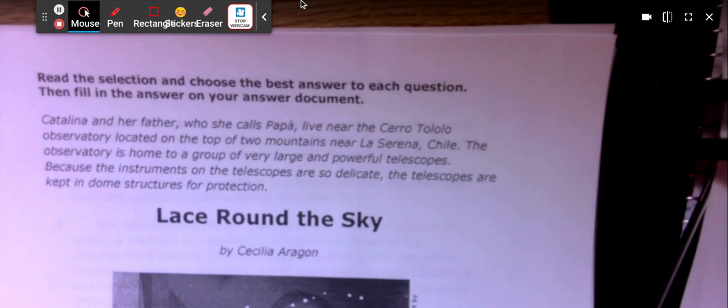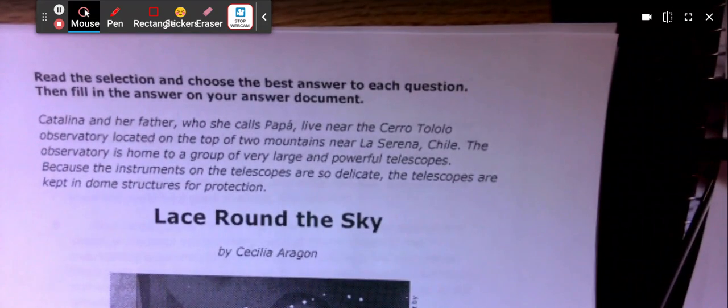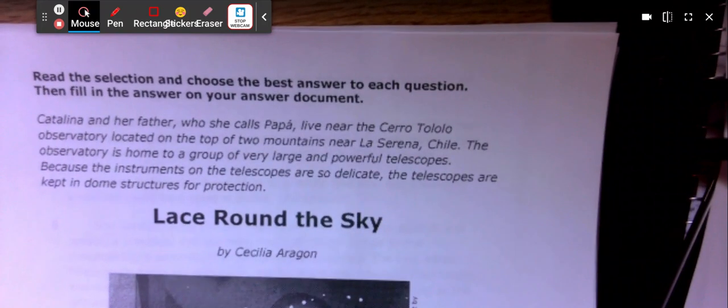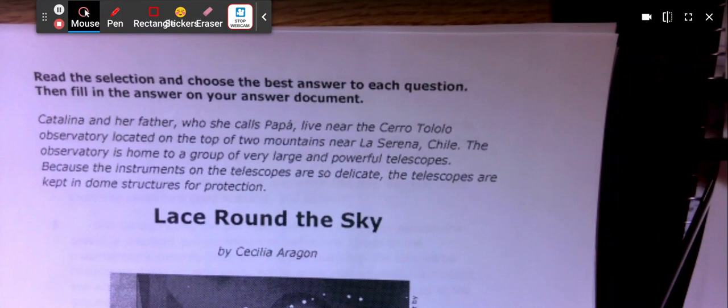Okay, we're going to work on this reading passage together over the next week or so. And so I just want to take some time to talk to you a little bit about this reading passage. It's called Lace Round the Sky. And as we go through and make inferences, I'm going to write notes out to the side. You are not going to have this piece of paper in front of you. All you have is this computer where you can pause the recording and you can do your own writing on a blank piece of paper.